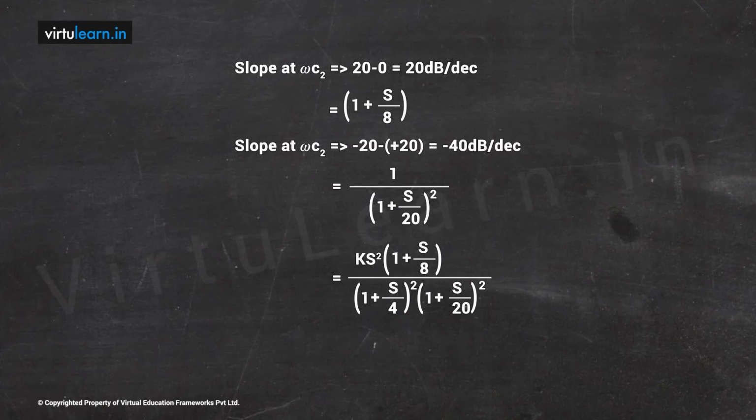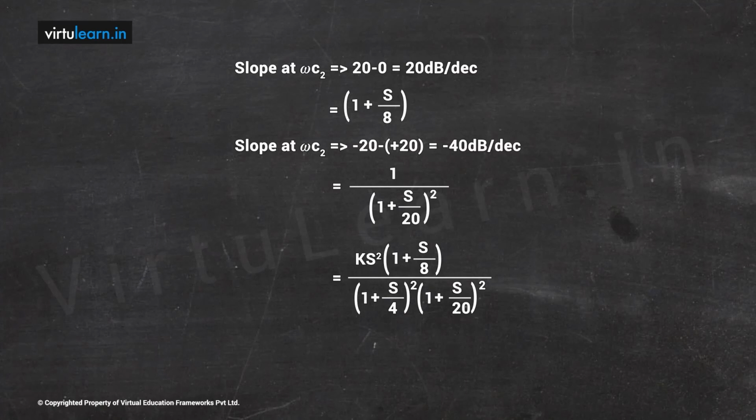Then what will be at omega c3? Omega c3 is at 20 radian per second. The last slope is minus 20, and before that I have plus 20. So minus 20 minus plus 20 is going to be minus 40 dB per decade. Minus 40, again there are 2 poles in the denominator, that is 1 over (1 plus s by omega c3, which is 20) whole square.